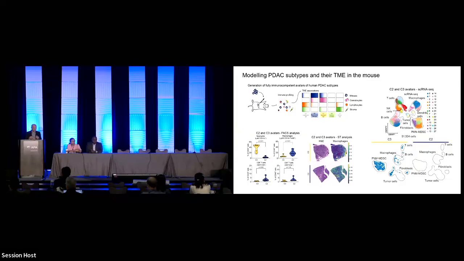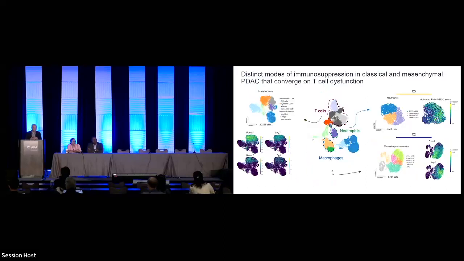You can nicely see that they differ in their immune microenvironment really dramatically. So the C2 has a lot of macrophages, whereas the C3 is mainly infiltrated by neutrophils, which have immunosuppressive features. And this we can also see in the spatial transcriptomics data, but also with more conventional assays like FACS-based, as you can see here on the left side.